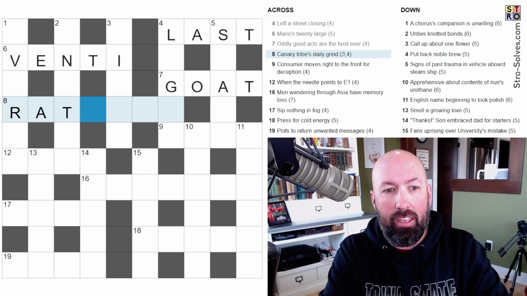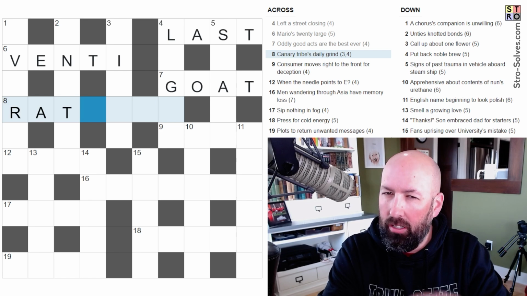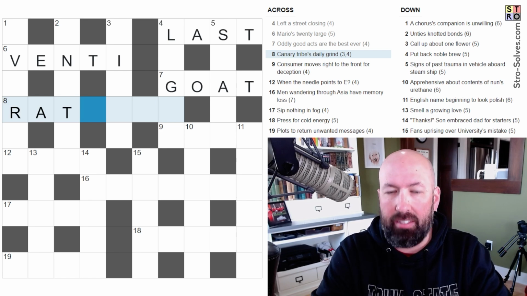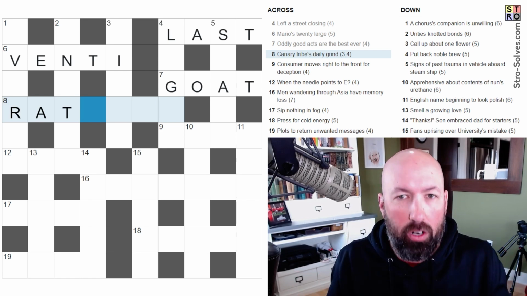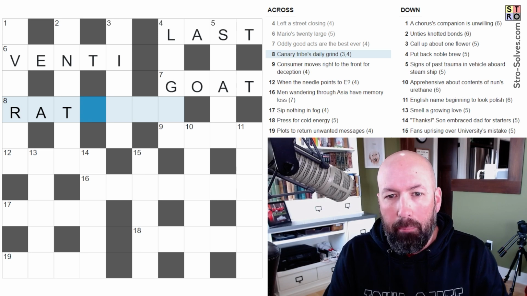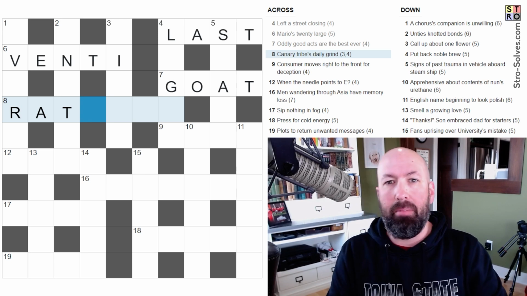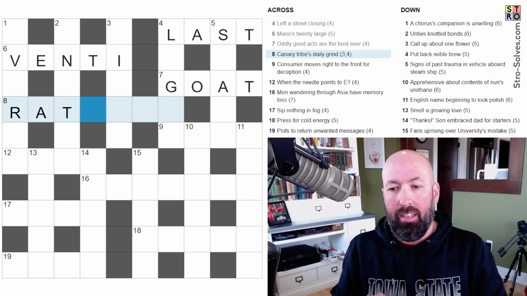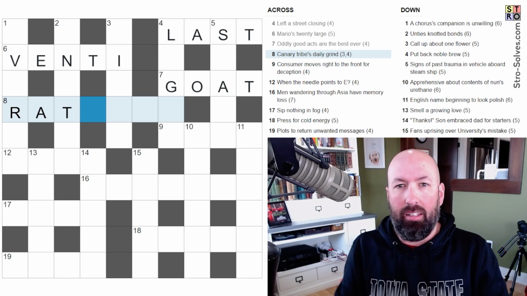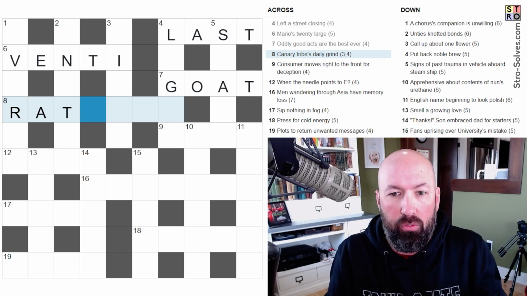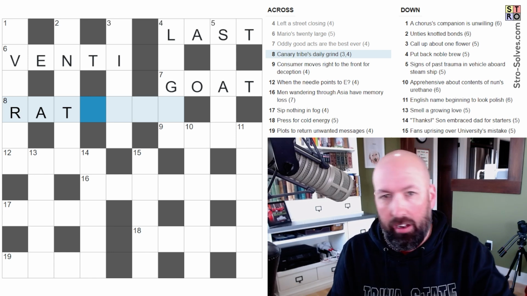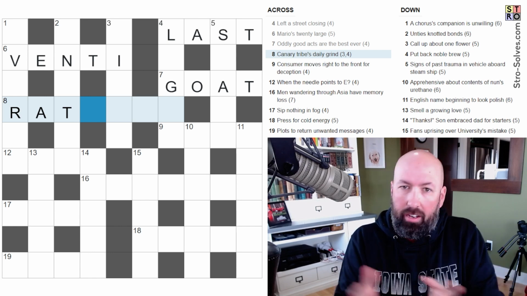Now, canary can be rat. It's a little bit of a tenuous or obscure synonym, but a canary can mean someone who rats on you, like in slang, like for a mob movie or something. You might say he's singing like a canary. He's talking to the police.